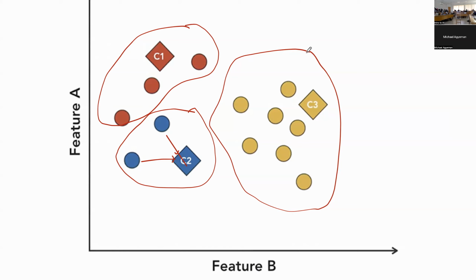Now we want to actually maximize the chances of a particular data point belonging to a particular cluster, right? And how we do it will be to also find the average of these, how far they are from the actual centroid that we're looking at.